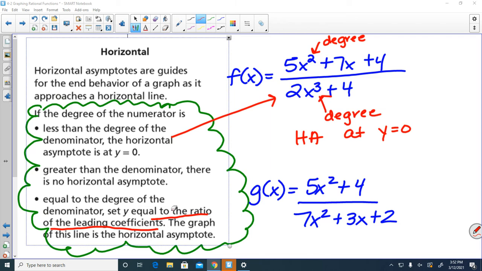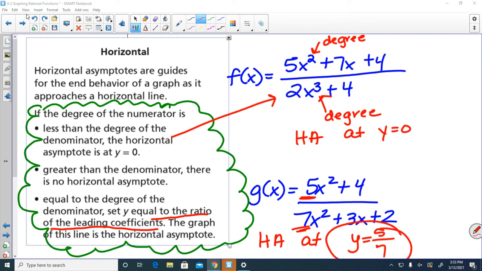So I'm going to say that there is a horizontal asymptote at y equals the ratio of the leading coefficients. So the ratio of the leading coefficients would be 5 over 7. It's the numbers in front of the x with the highest exponent, so 5 over 7.